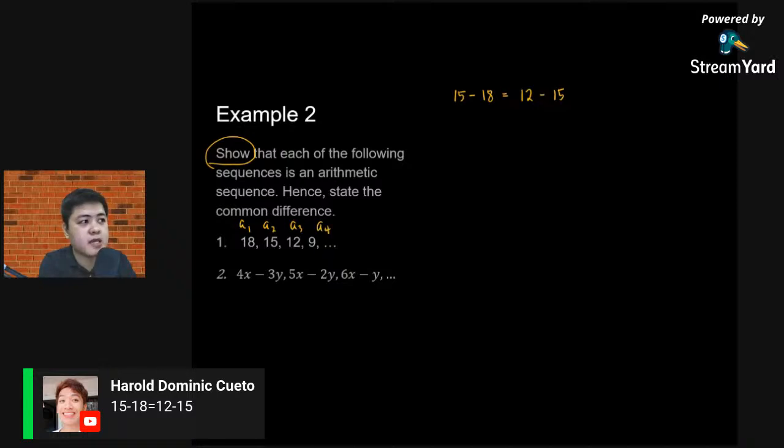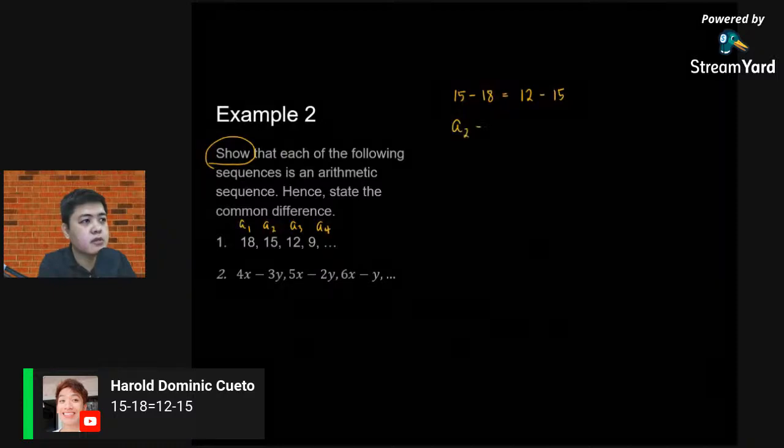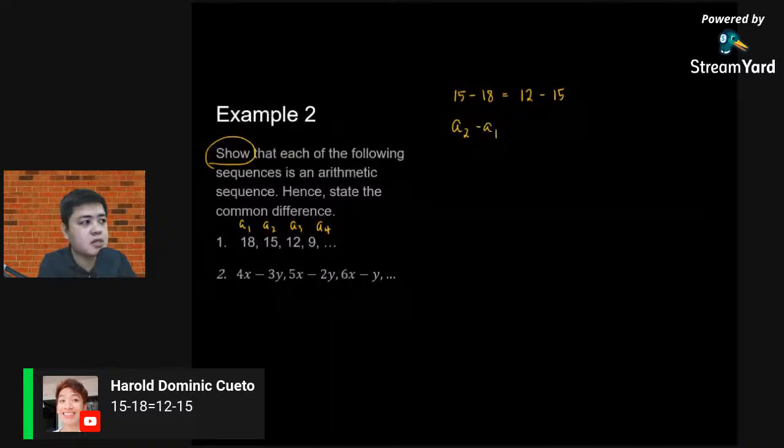Notice that, sabi ni Harold, a sub 2 minus a sub 1, tama? 15 minus 18 is a sub 2 minus a sub 1, is equal to a sub 4 minus a sub 3.